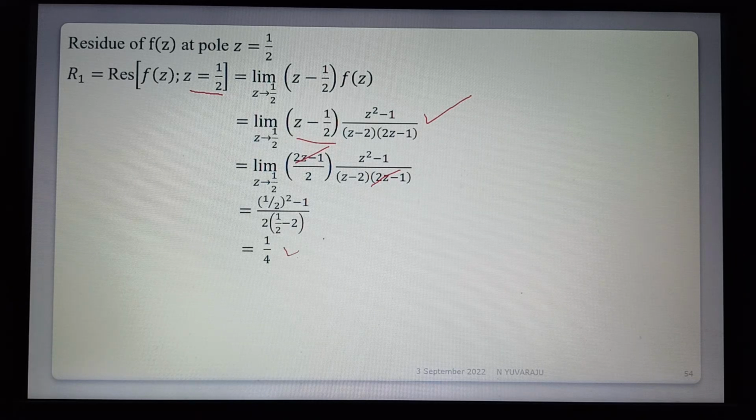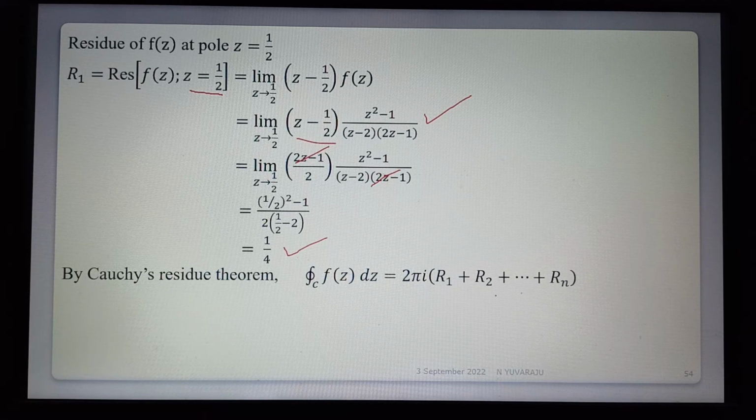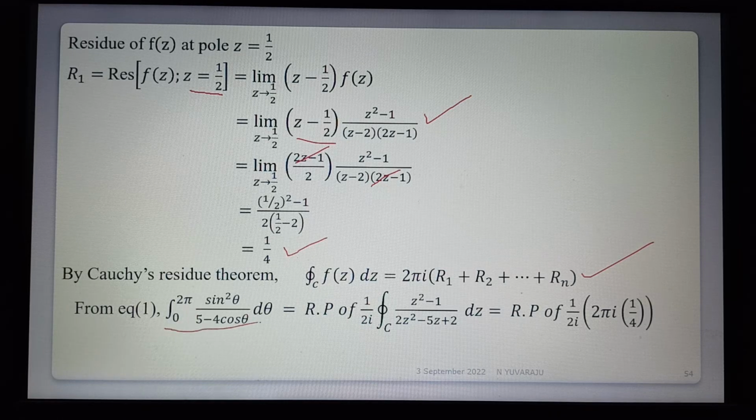This is the residue. Now using the residue theorem, Cauchy's residue theorem, this is the theorem. So therefore the given integral from equation 1, this is the given integral, that is equal to the formula: real part of 1 by 2i into, this is the given integral, right? This is equal to the same, formula 2 pi i into r1 plus r2 plus up to rn. But only single, only r1 is there. So only choosing r1, that is equal, the coefficient is the same.